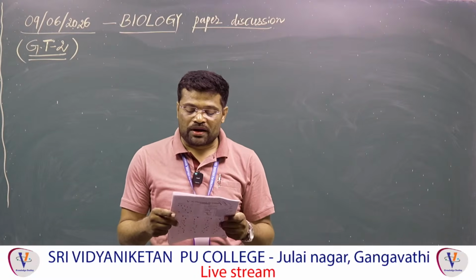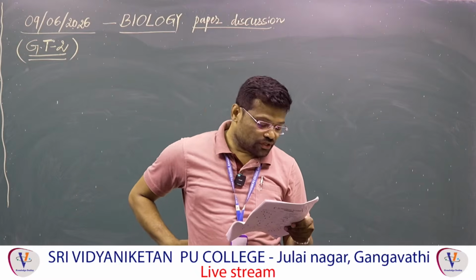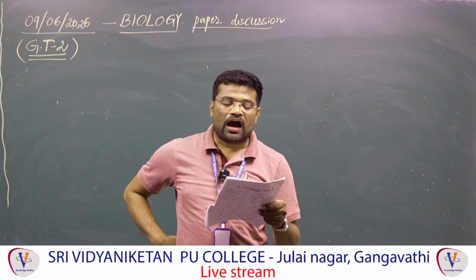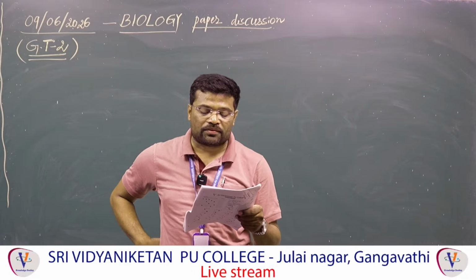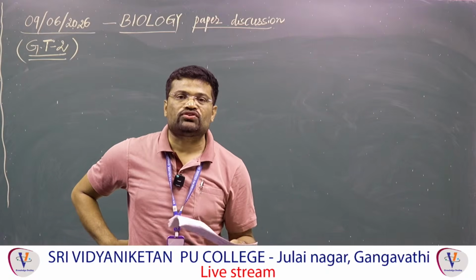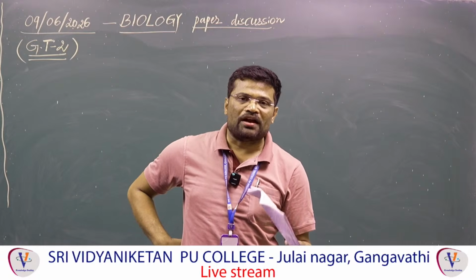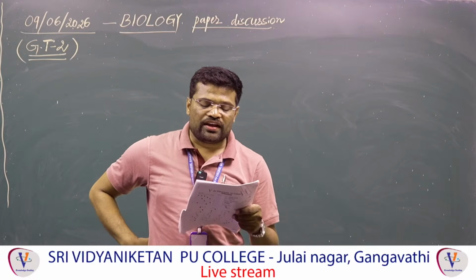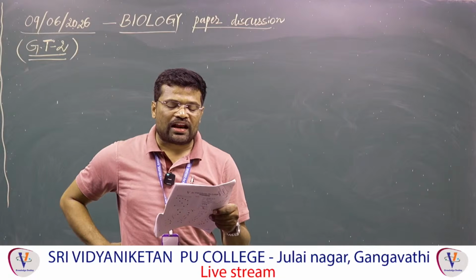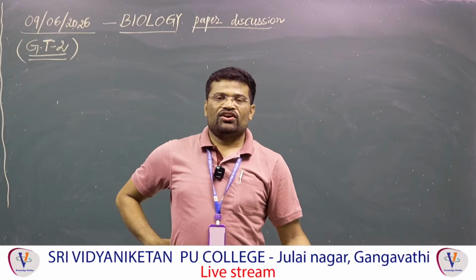And question number 94. HIV infection and AIDS are characterized by... It means we have to choose options which are related to HIV and AIDS. So here A, progressive decline in helper T lymphocyte count. Absolutely correct.